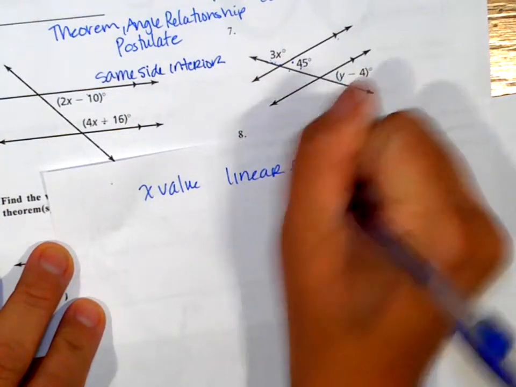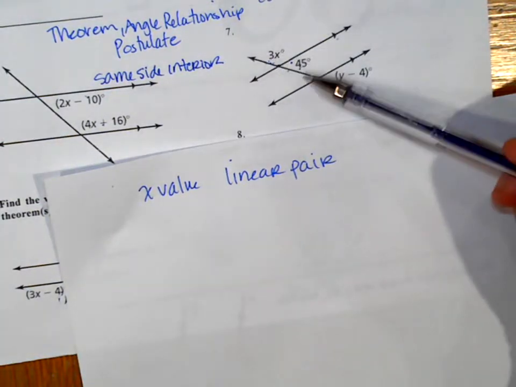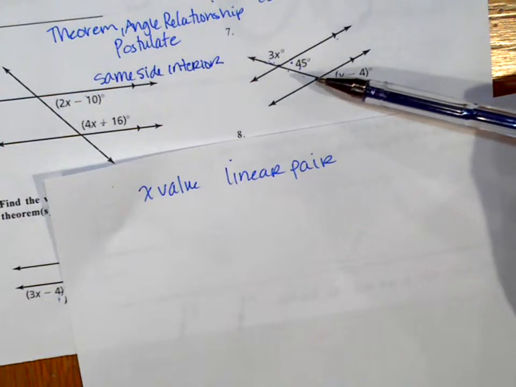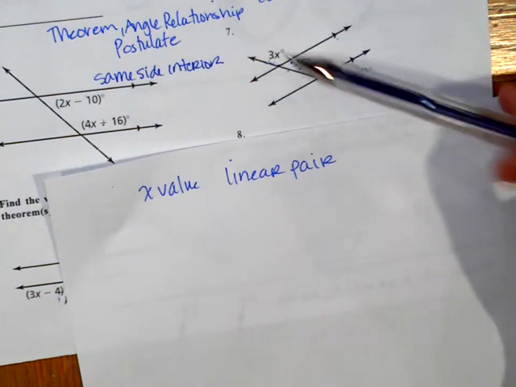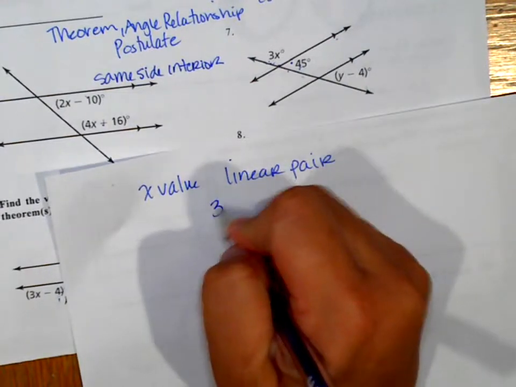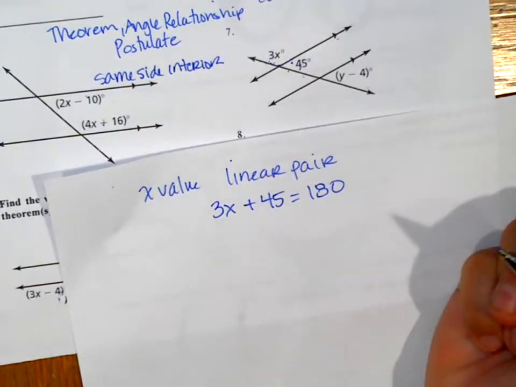Again, on your exam, they're going to ask for the relationship. They're going to ask you to write the equation, and then they're going to ask you to solve. So I'm going to say that for the x value, those two are a linear pair. Linear pairs are equal to 180. So I am going to get 3x plus 45 equals 180.